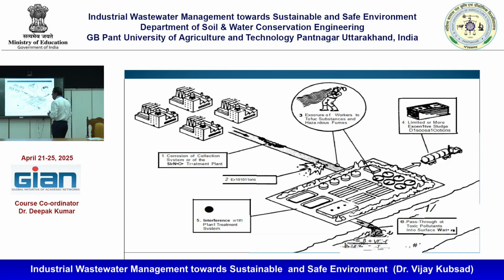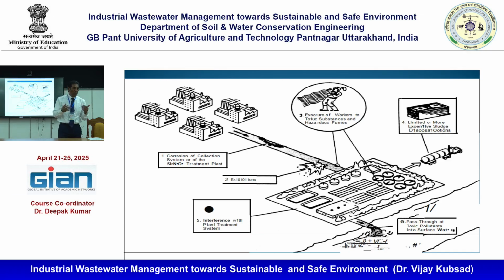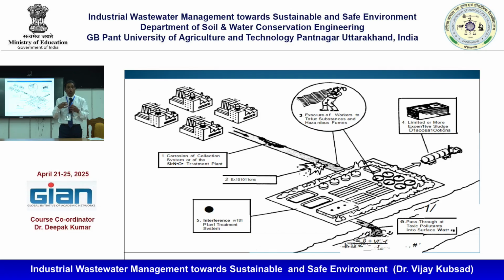Then there are also workers who are working in the treatment plant. You have to take care of them. People who work in the treatment plants are more valued there because they are dealing with toxic waste, always generating hydrogen sulfide or methane. So proper protective equipment is very important.